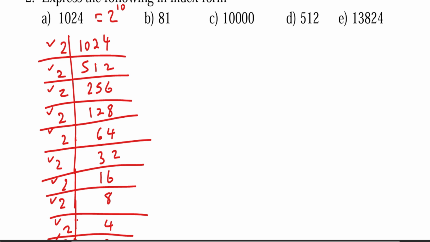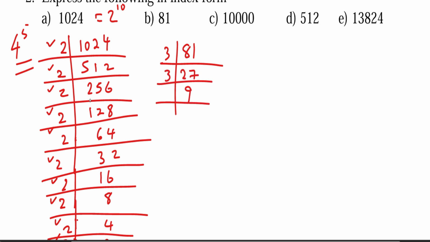So 1024 can also be written as 4 to the power of 5, but whichever answer, it's just the same. For the 81, you divide by 3 to give you 27, divide by 3, 9, then divide by 3, 3, then divide by 3, gives you 1. So this one is 3 to the power of 4.